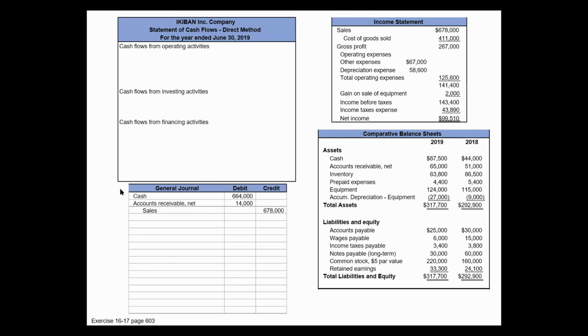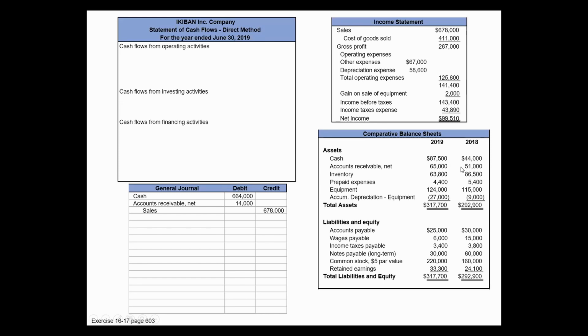You had cash, the amount of $664,000. You have the accounts receivable net, $14,000, and then sales $678,000. So you see that they had the sales, but they haven't received cash yet for all of the sales necessarily, because they still have an accounts receivable when you look at the balance sheet.